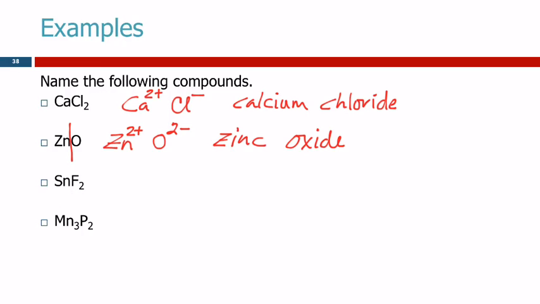Okay, SnF2. Well, cut this in two. I've got Sn, and I've got F. What's the charge on Sn? Where is it in the periodic table? Is it in groups 1A, 2A, 3A, zinc, or silver? No, it isn't. It's over in group 4A under carbon, a couple rows down.